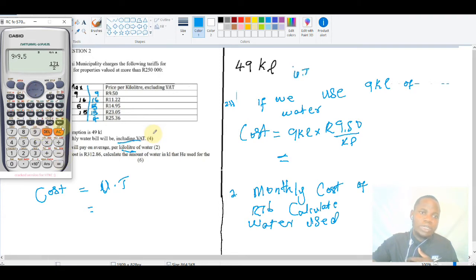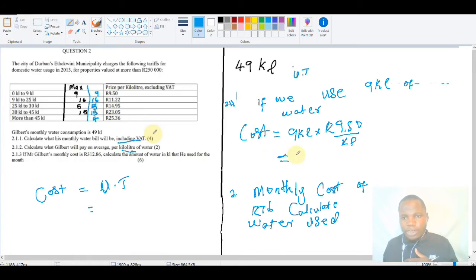So if we use 9 kiloliters of water, that means we will pay 85 rand 50. So if we use the whole 9 kiloliters of water as the maximum that can be accounted according to the first tariff, then you pay 85 rand.